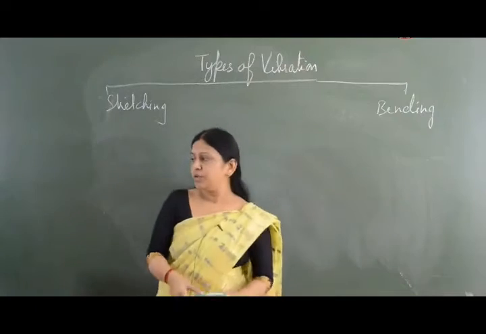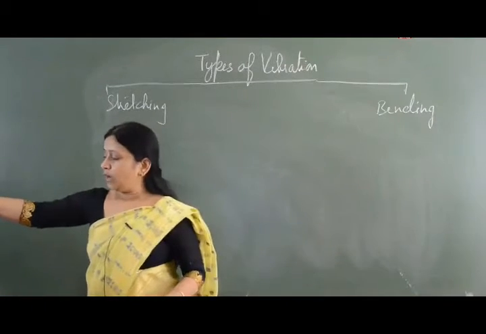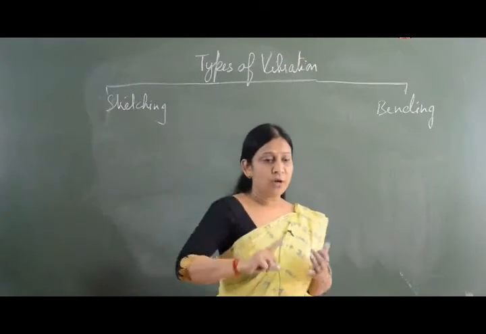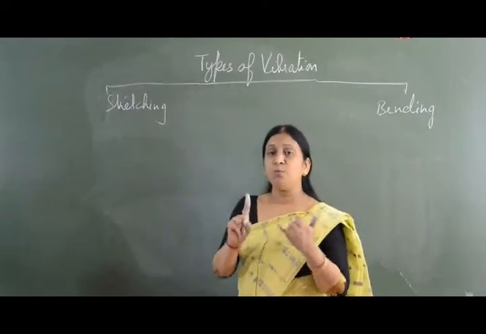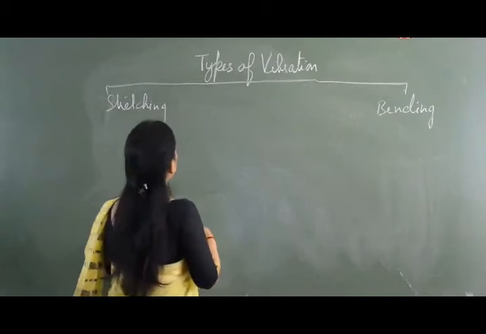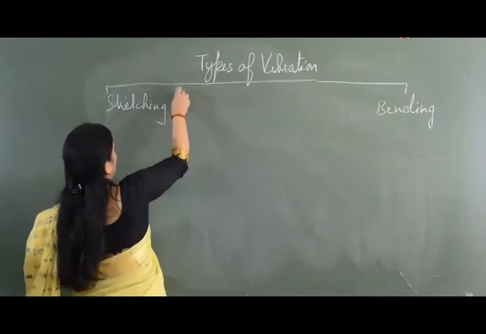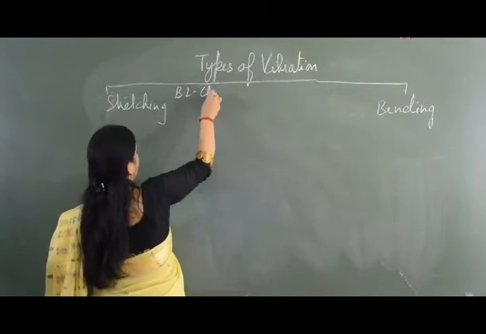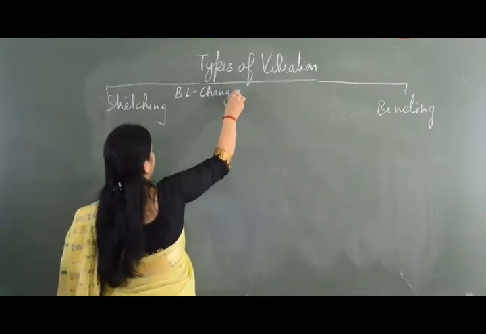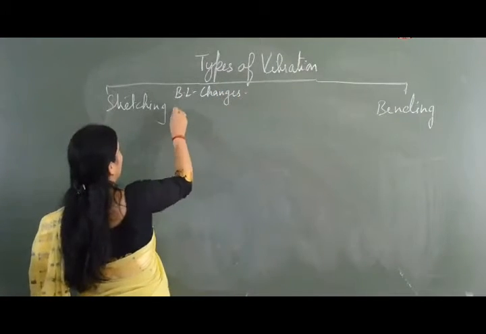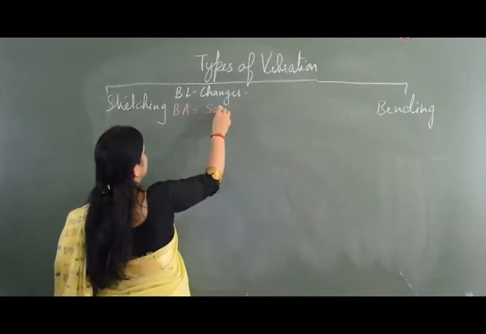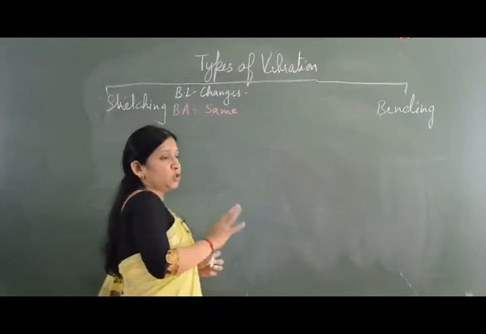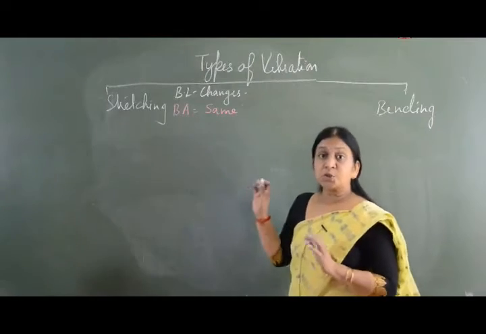Now the basic difference between the two is this. In stretching, bond length is going to change but bond axis or bond angle remains the same. It is not going to change. So this is stretching.